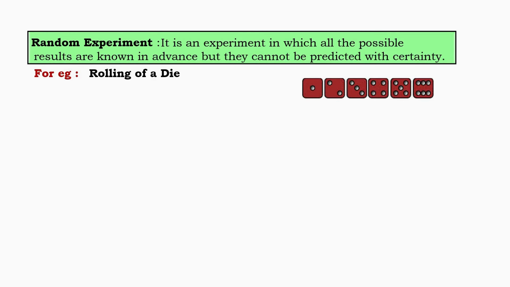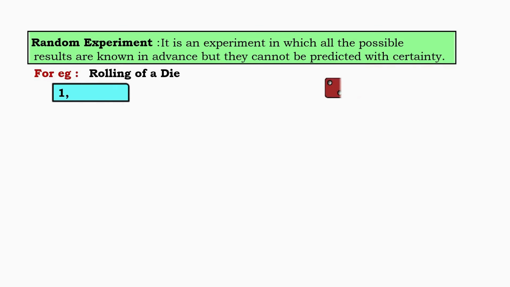It is not possible for a particular die whenever we are rolling, right? We know that 1 to 6 will come, but we can't tell with certainty which number. It may happen that 1 will come, then 2, 3, 4, 5 or 6. Any number between 1 to 6 can come. So these are called the possible results or outcomes.